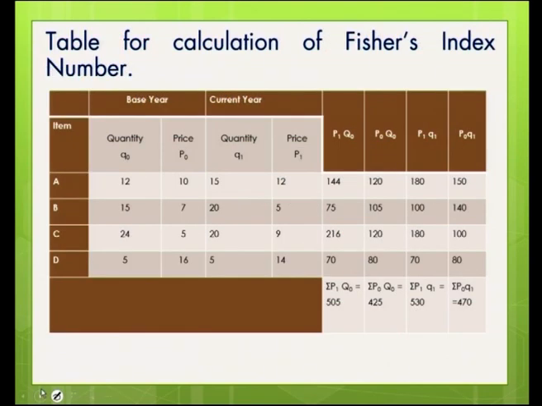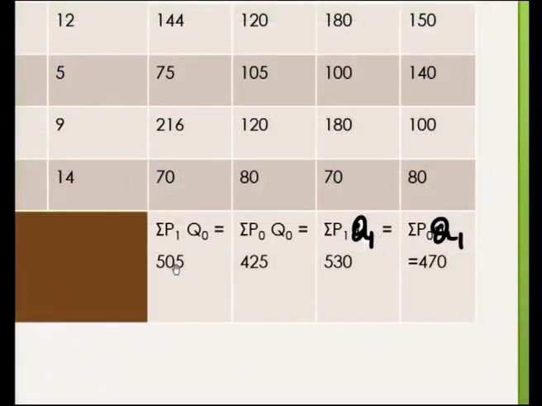We calculate Q0, P0 and then Q1, P1, and the required columns P1 Q0, P0 Q0, P1 Q1 and P0 Q1 are formed and their respective summations are taken. The summation values are: summation P1 Q0 is 505, summation P0 Q0 is 425, summation P1 Q1 is 530 and summation P0 Q1 is 470.